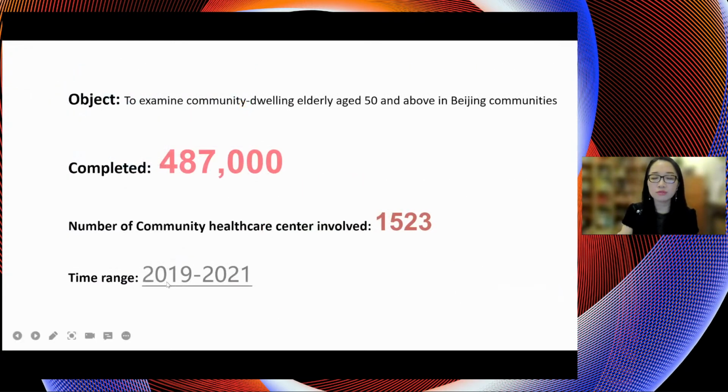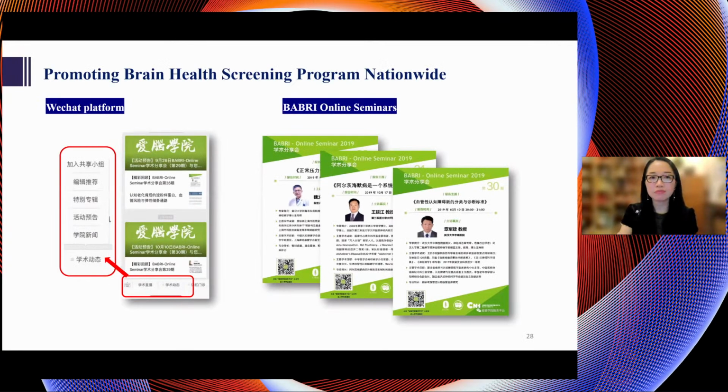So from 2019 to 2021, we have already collected data from 487,000 elderly people from the Beijing communities, involving 1,523 communities. And thanks for their support. We also apply our research and basic research, and promote the brain health screening program nationwide.